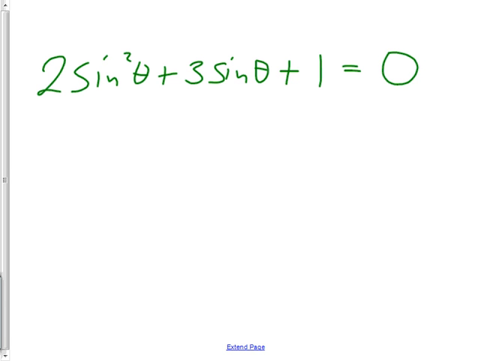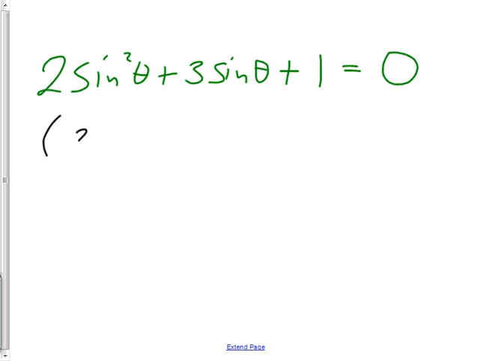Go ahead and finish this one all the way out. There's going to be several right answers, like pi over 2 and pi and 3 pi over 2 and that kind of stuff. I'm going to pause for a second while you work on that. Okay, I'm going to keep moving for the interest of time.